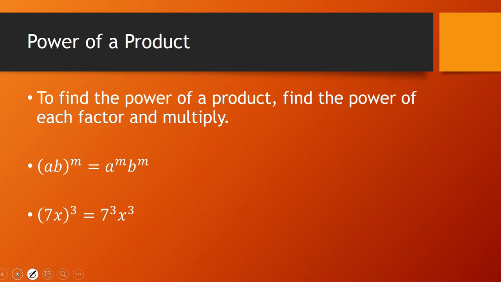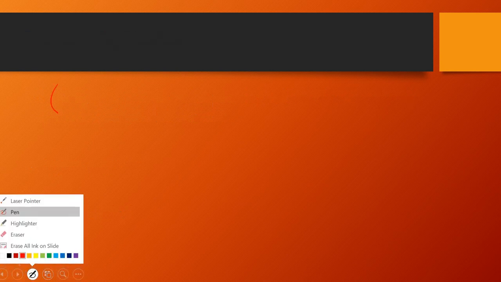All right, we'll try this again. 2x cubed y to the 4th to the 6th power would be 2 to the 6th, x to the 18th, y to the 24th.